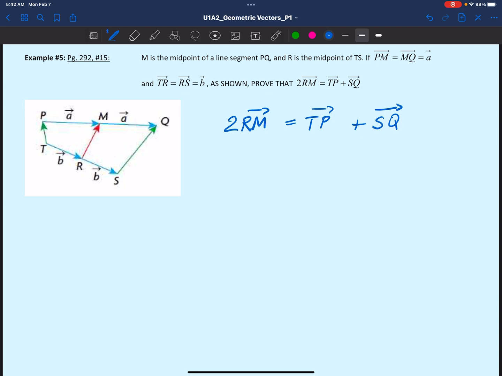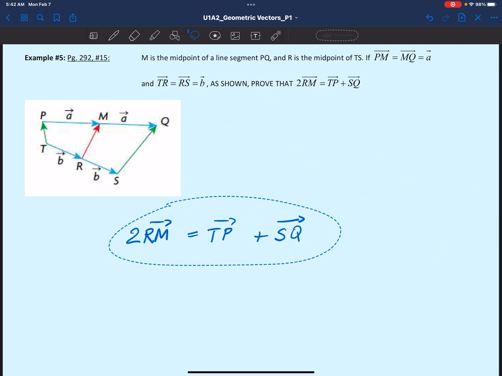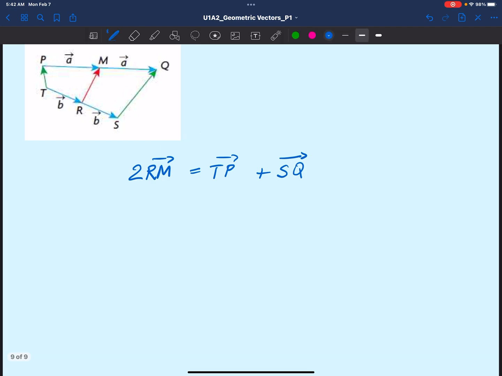So for TP we have, right here, TR plus RM plus MP. Now I want you to observe something very interesting. So remember that this is the right side, by the way.